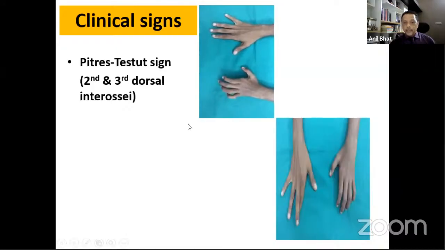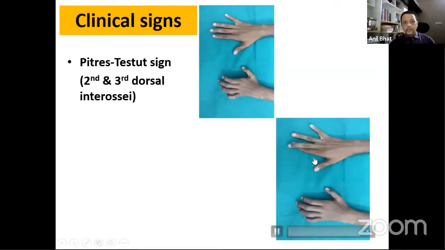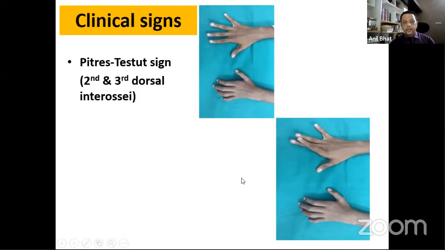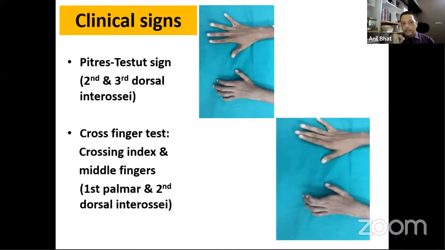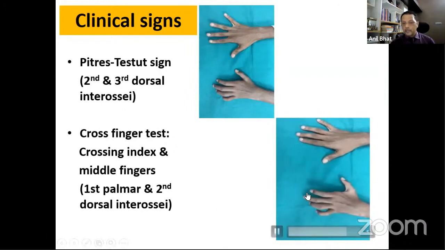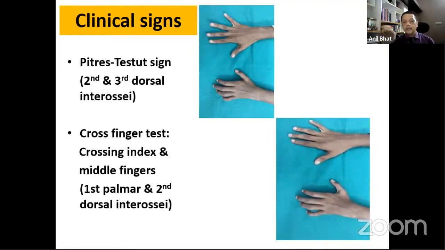The other test we do is crossing one finger over the other, especially the index over the middle finger. That is checking the first palmar and second dorsal interossei. One is adduction, one is abduction. So on the affected hand, the patient is not able to do that. That also checks the coordination, how bad the ulnar nerve injury is. So these are two tests which you do.